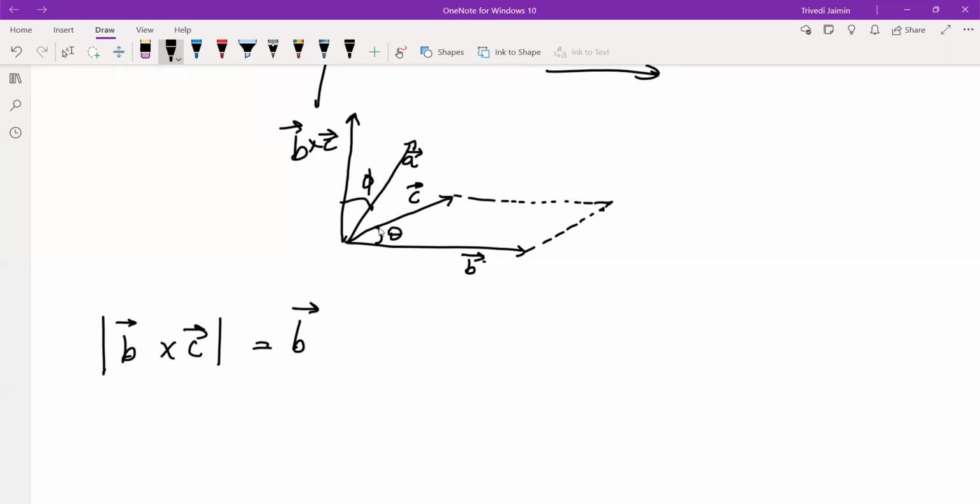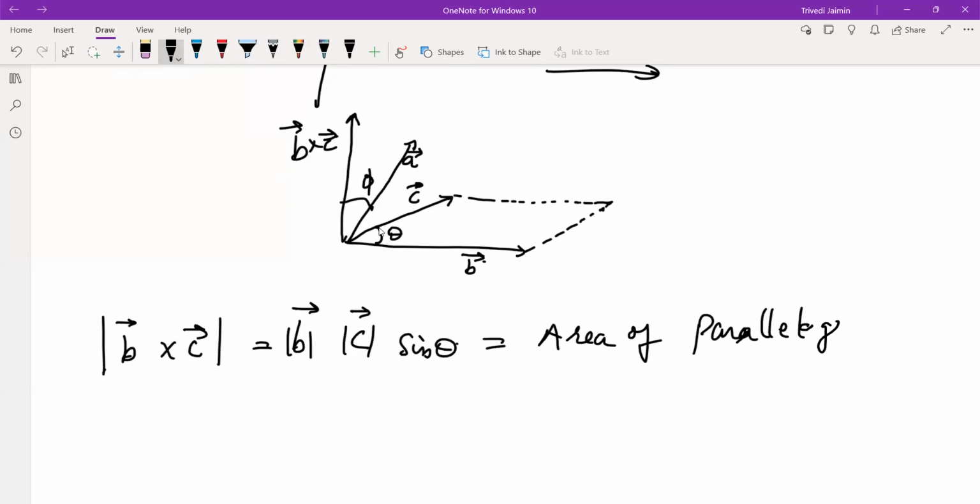If I want to write B cross C, it is B mod C sine theta, which equals the area of the parallelogram formed by vectors B and C. So we have the vector B cross C, and A at angle phi. C and B have angle theta.